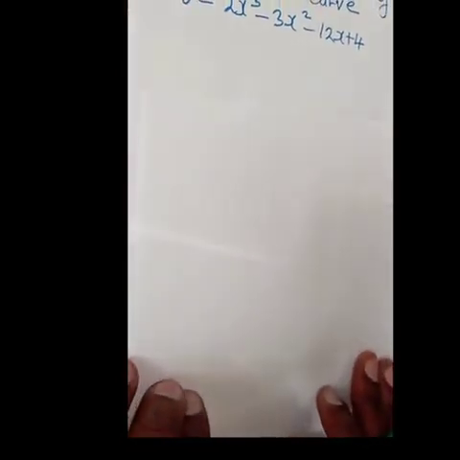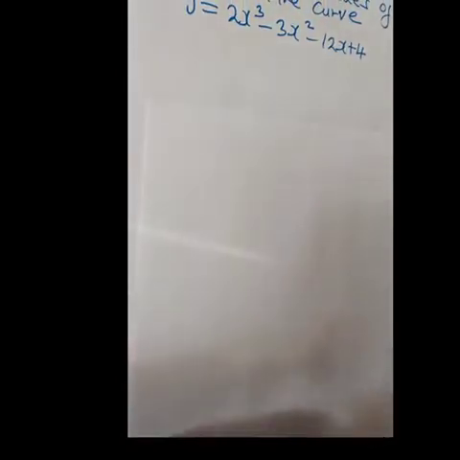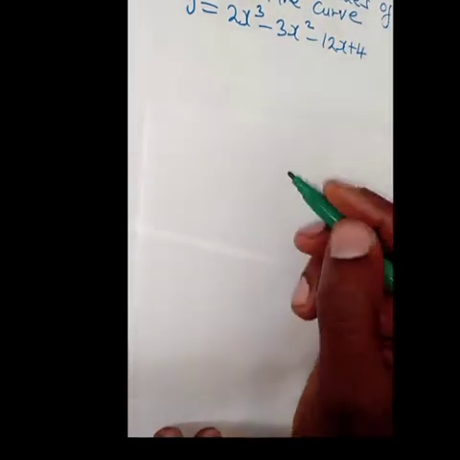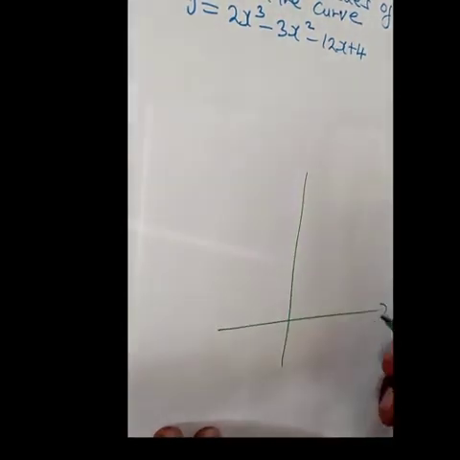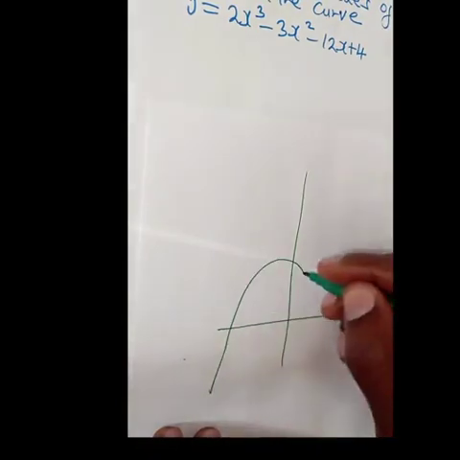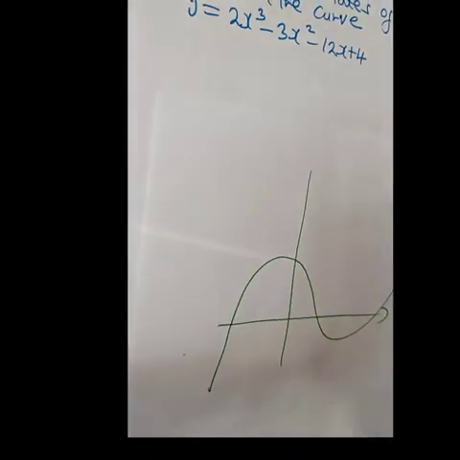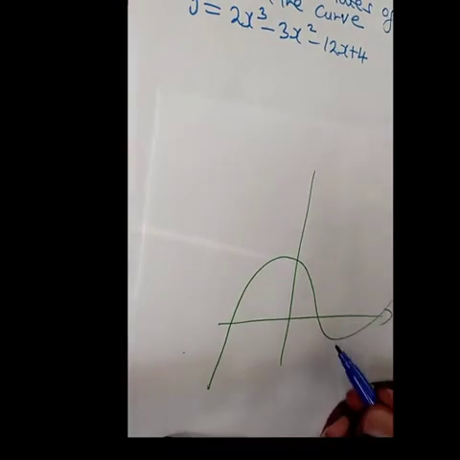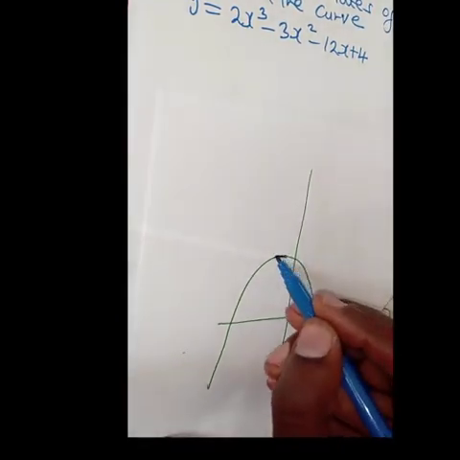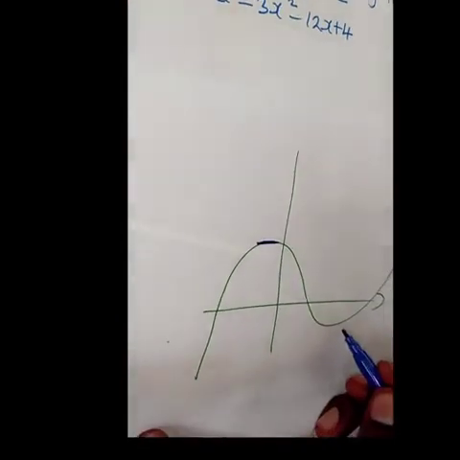Look at this. You should take note that whenever, let's assume this is our curve, whenever there is a stationary point, it means where the curve is turning from.